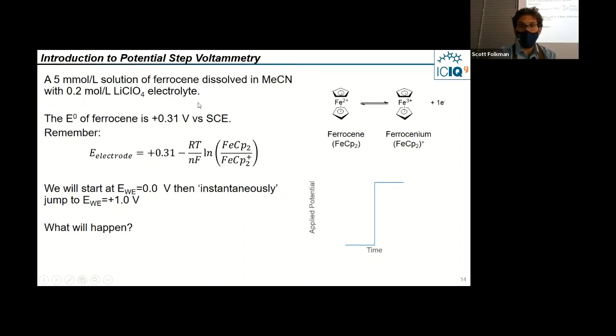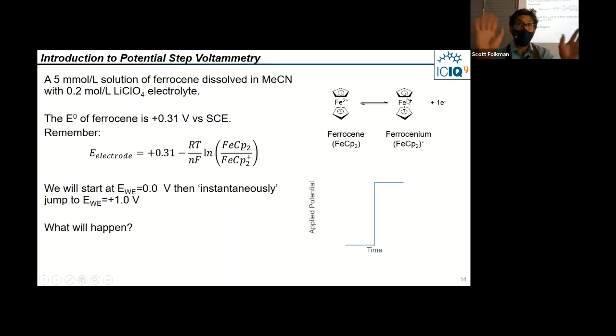Exactly. So if we start with ferrocene in the 2+ state, at 0 volts, the thermodynamics favors ferrocene in the 2+ state. Again, that's more negative than the E0. If we all of a sudden jump to +1 volts, now we're more positive of the E0, and it favors the iron 3+ state.